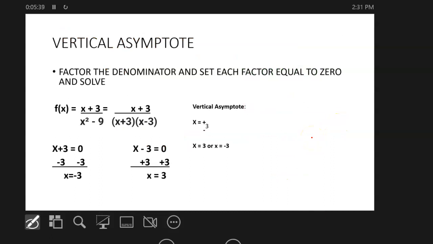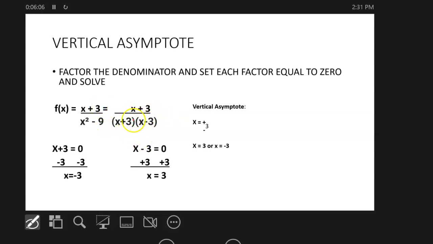All right, to get the vertical asymptote, we know from before that we have to factor. So we are going to factor the denominator and set each factor equal to 0. I have given you the problem f of x is equal to x plus 3 divided by x squared minus 9. I've factored the binomial, the difference of squares on the bottom, to get x plus 3 times x minus 3.